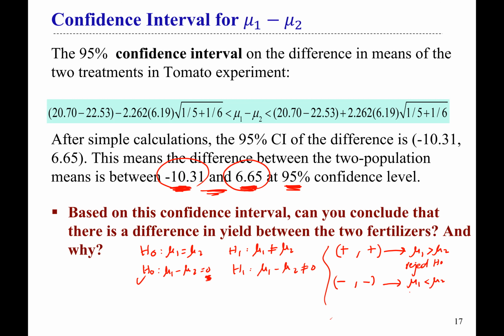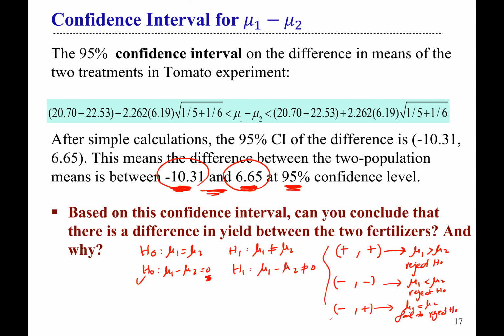So they are not equal. So you reject H0. If the lower limit is negative, upper limit is positive, you conclude that mu1 equals mu2. So you fail to reject H0.